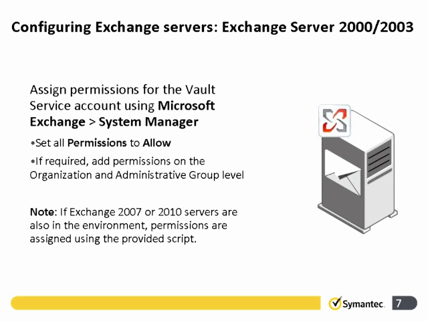Basically, you're going to be setting all the permissions to allow. Also, there may be certain circumstances where you have to set the permissions both at the Exchange organization and the Exchange administrative group level. Now, these particular settings are spelled out in detail in the documentation, so make sure you follow the documentation to set up those permissions.